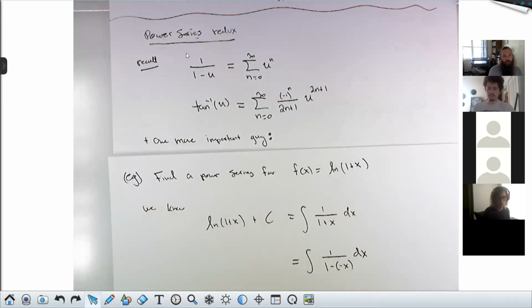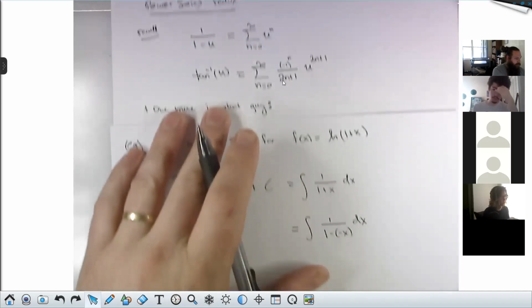And then because we know that 1 over 1 minus u is sigma n from 0 to infinity, u to the n, I can replace the integrand here, 1 over 1 minus negative x, by sigma n from 0 to infinity, negative x to the n. That's exactly what we're going to do.